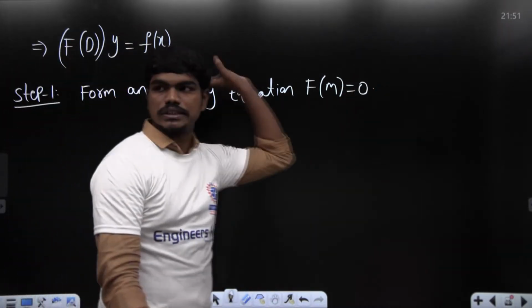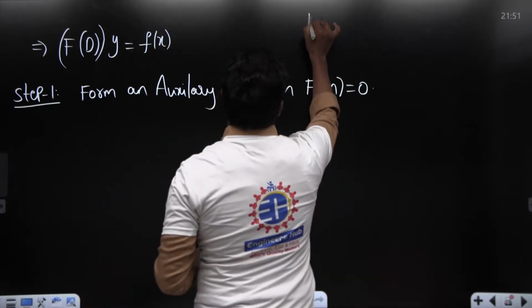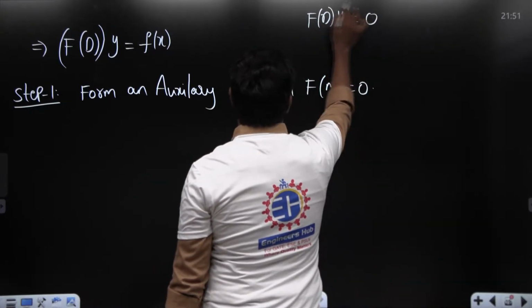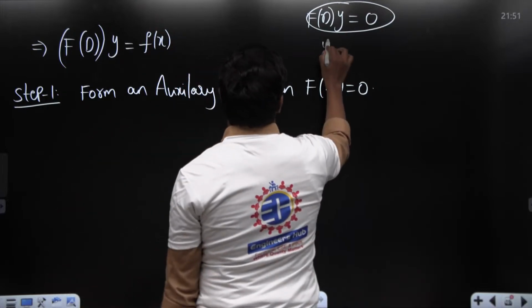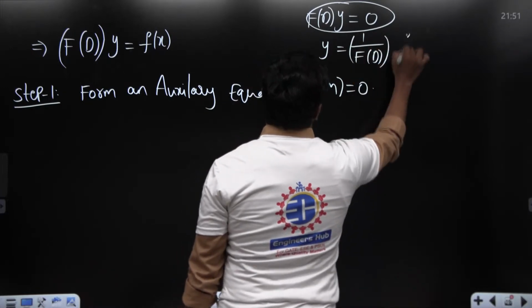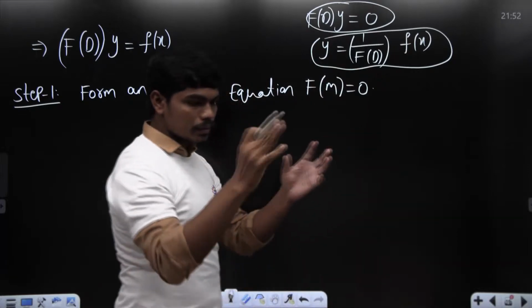For this complete differential equation, we'll obtain the solution in two parts. First part, we'll make f of x equal to 0 and see what the solution is when the equation is homogeneous. Second, we'll consider y is equal to 1 by f of D operating on the function small f of x, and we'll sum up both these solutions.